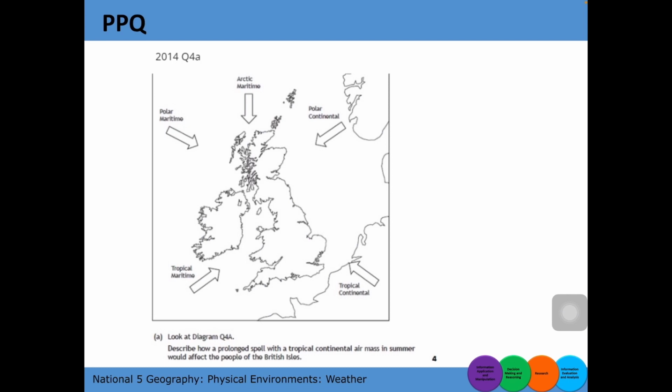And again, there are a range of answers you can give for a polar continental air mass depending on the situation that you may have heard of before. Again, if you've seen something in the news or heard something that's relevant to a very intense cold snap, you'll probably be able to get marks for this one as well.